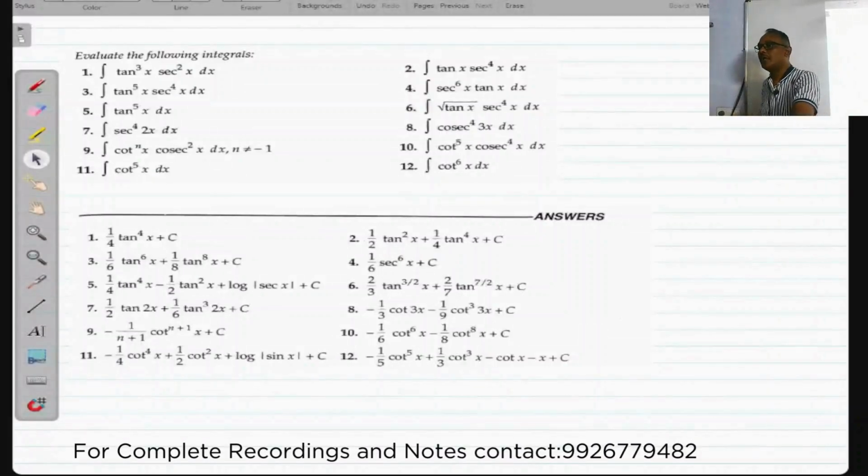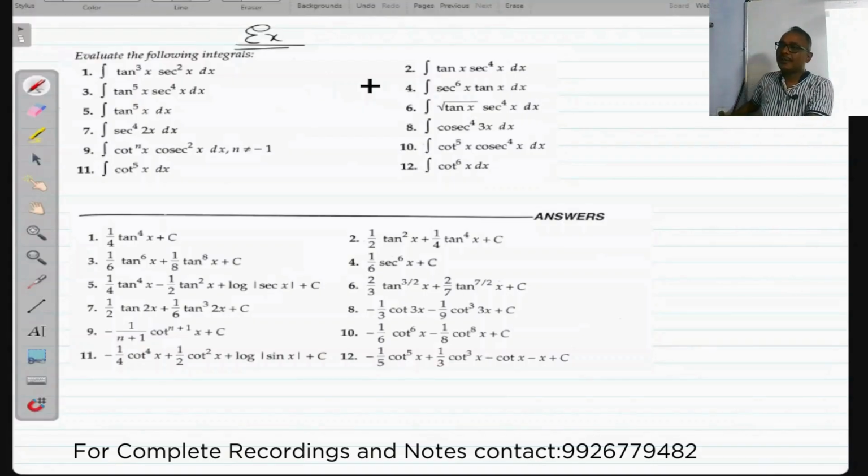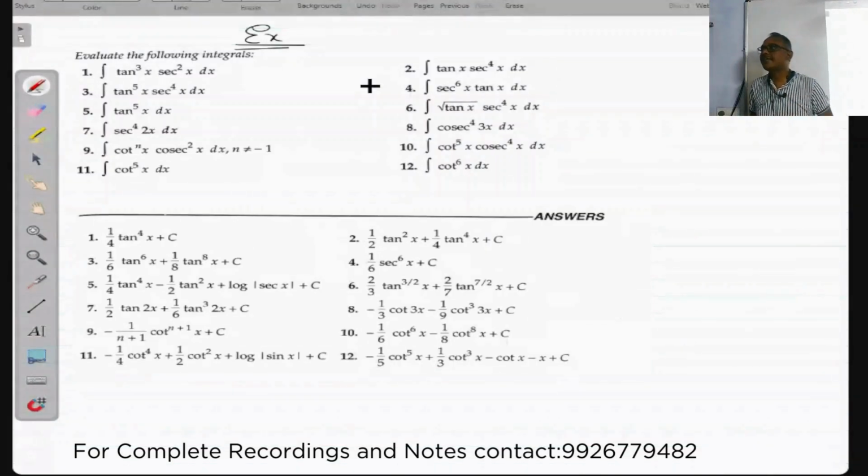Here, Hannah, this type of integration, this whole exercise is there. This exercise actually deals with tan sec cot cosec relations. And this whole exercise you will see tan sec relations and cot cosec relations.